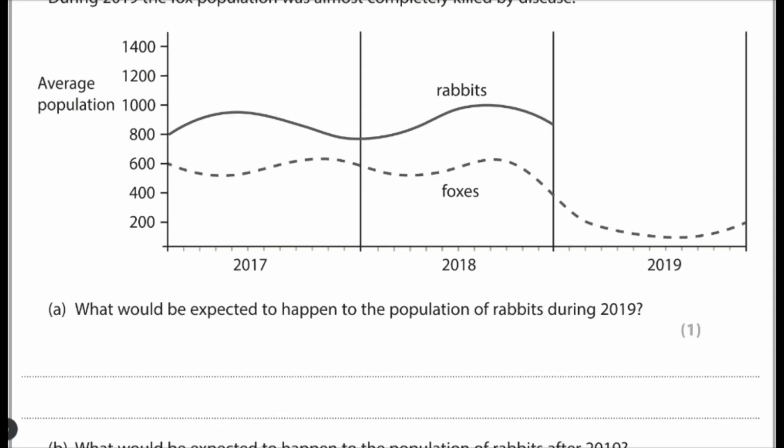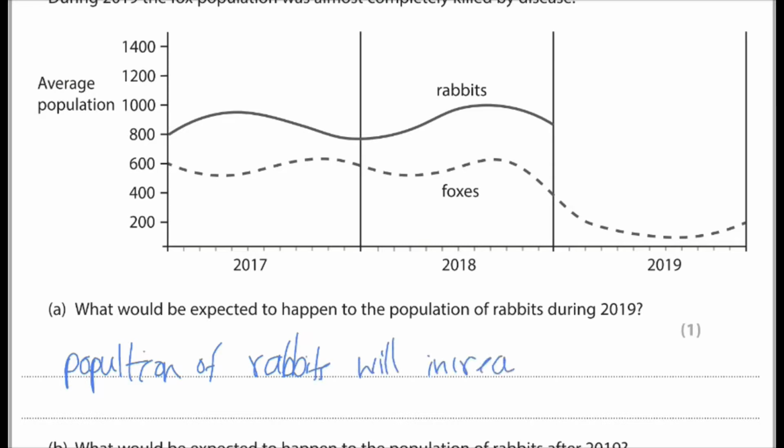So, what is the reason? Because there are fewer predators to hunt down rabbits. So, we will note down, first thing they are asking, what would be expected to happen to the population of rabbits. So, the direct answer is the population of rabbits will increase. I will write down the reason also, because we need to practice this one.